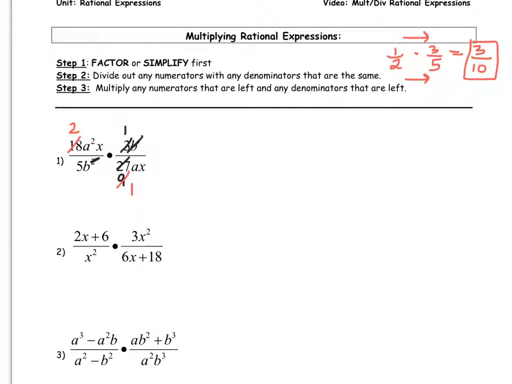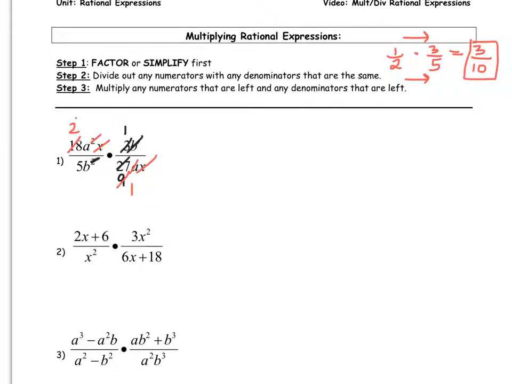And now I'm going to take a look at the a squared and the a. I can divide both of them by a, so the a with one of these a's, and I can actually cross off this x with this x. So what I've done here is simplified first, so now I can multiply any top with any bottom. So now let's see what's left over.